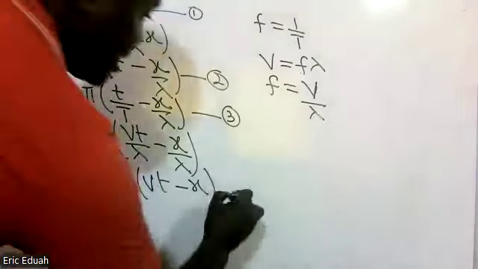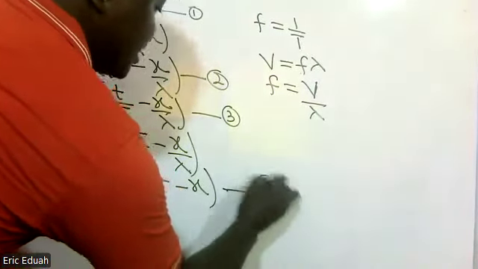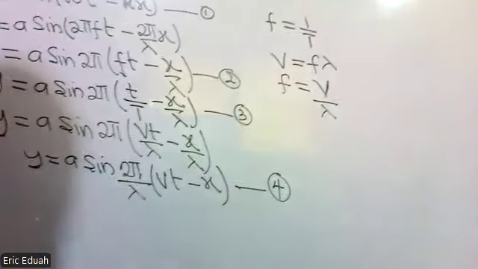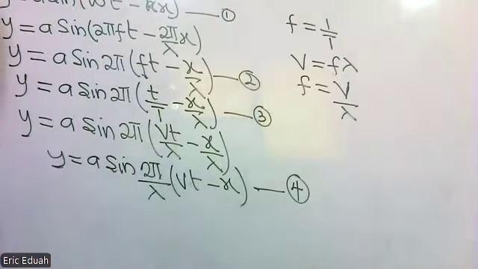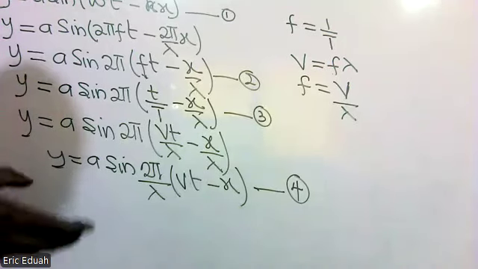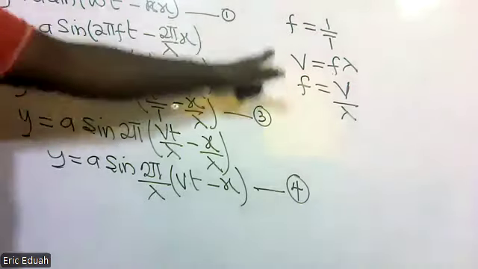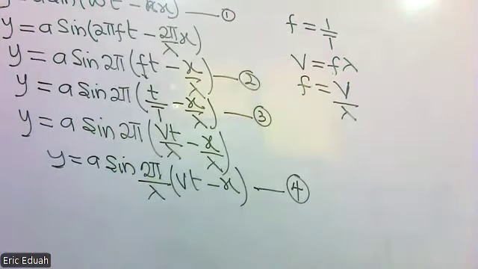This is the fourth form of a progressive wave equation. So in short, the progressive wave equation can be derived in different forms, by picking one, substituting, and all that.